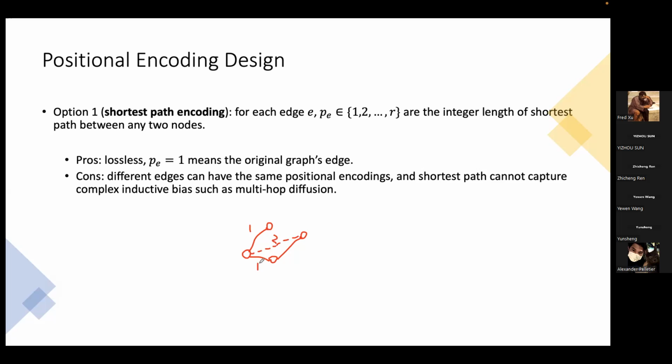This is their first kind of encoding scheme, and it basically allows you to recover the original graph.